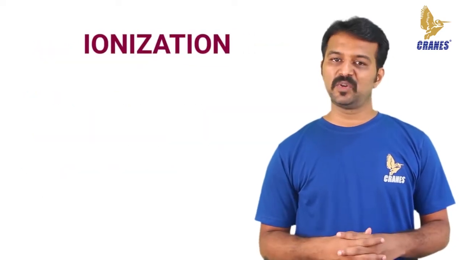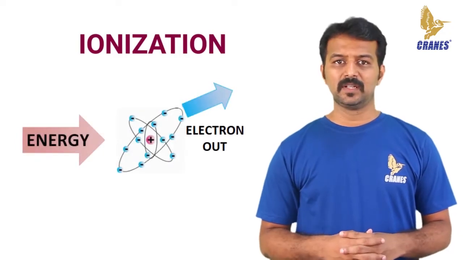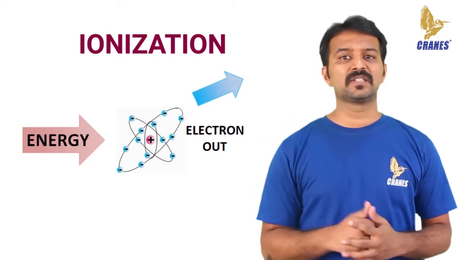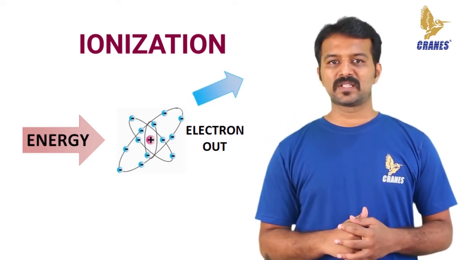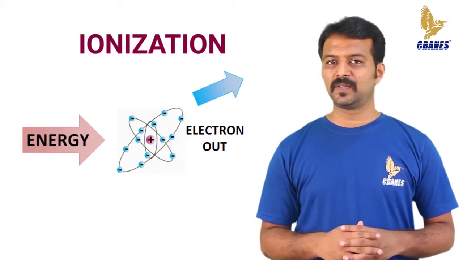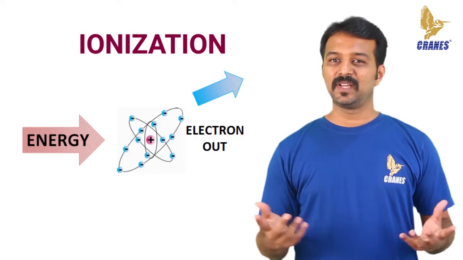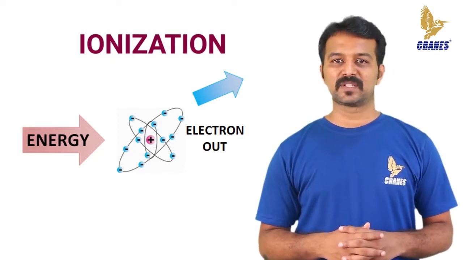Let's look into ionization. When an atom absorbs energy, the valence electrons can easily jump to higher shells. If a valence electron acquires a sufficient amount of energy, called ionization energy, it can actually escape from the outer shell and the atom's influence.